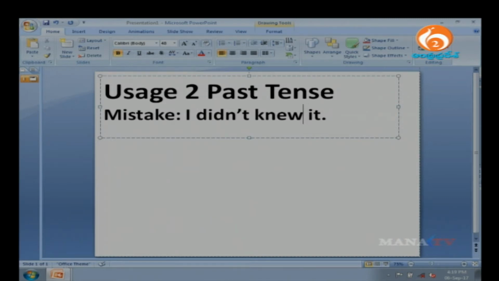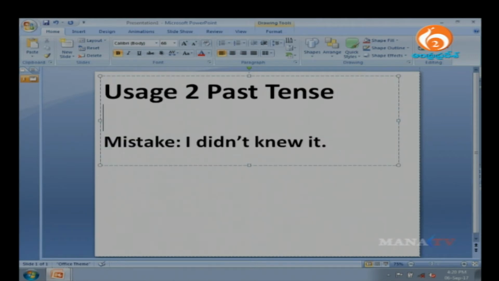If you focus on these two words, didn't is a past tense, knew is also a past tense. The rule says if you have one past tense used in didn't, the next verb should be in the present form. So it will be I didn't know it.